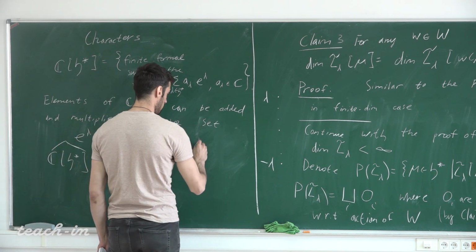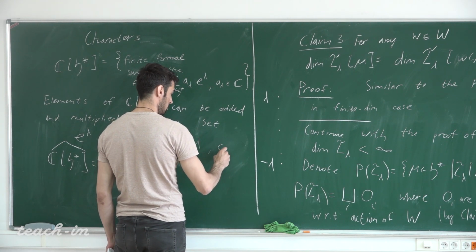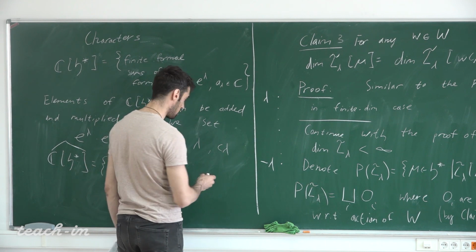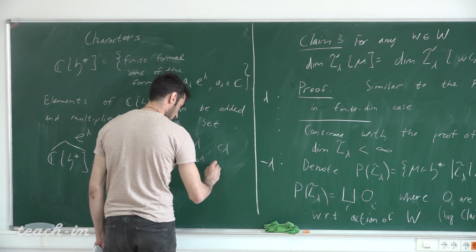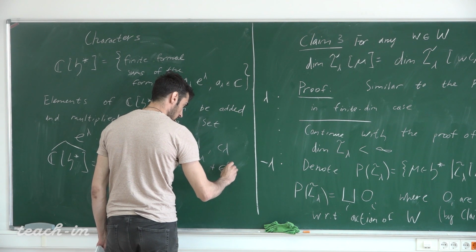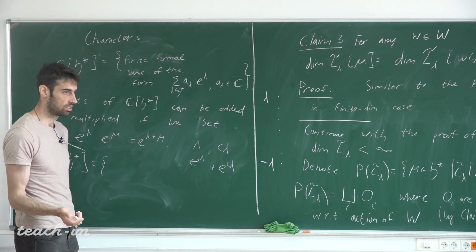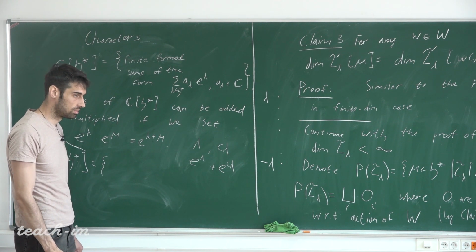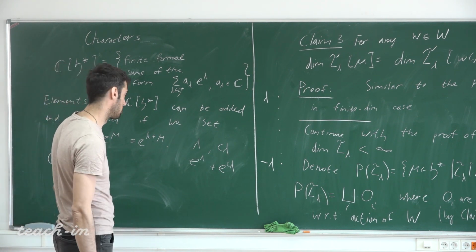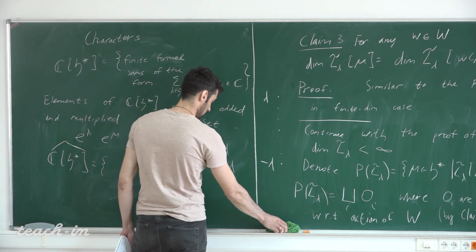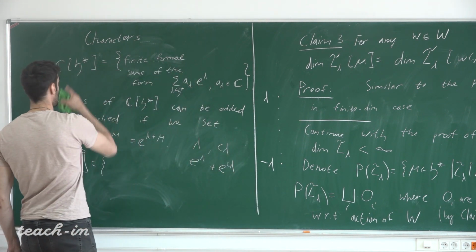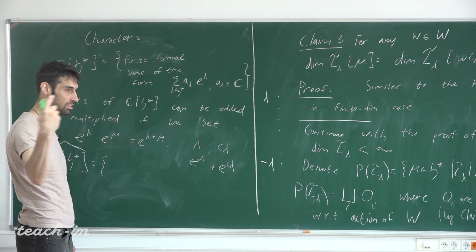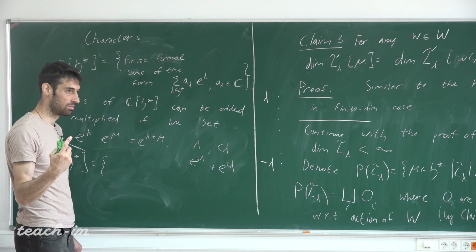So if you have lambda and c lambda, these are two different elements. Right, so we look at this as an abelian group, and for each element of this group, e to the lambda is a different element.